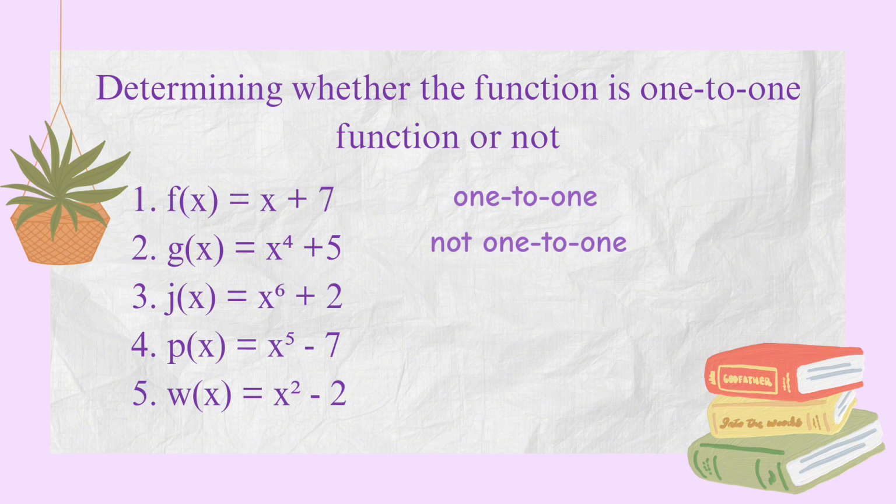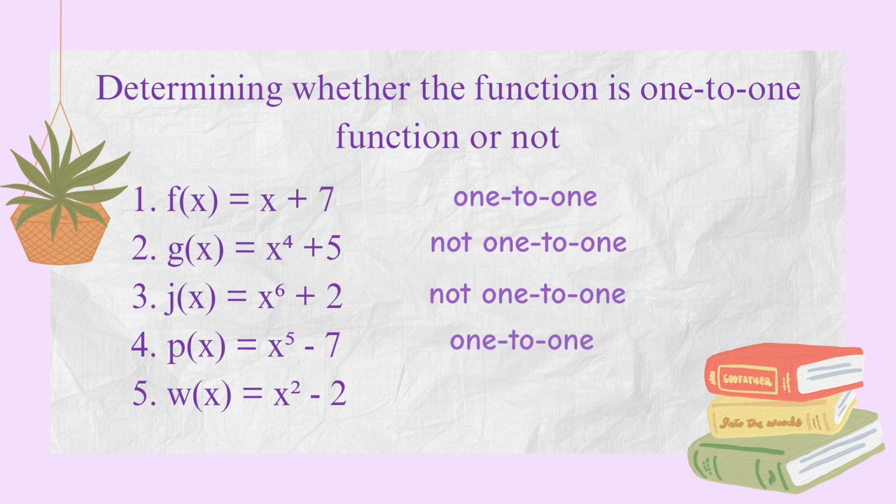Number 3, j of x is equal to x to the 6 plus 2. We can also determine it as not a one-to-one function. Number 4, p of x is equal to x to the 5th minus 7. It is an odd number, so we can determine it as a one-to-one function.